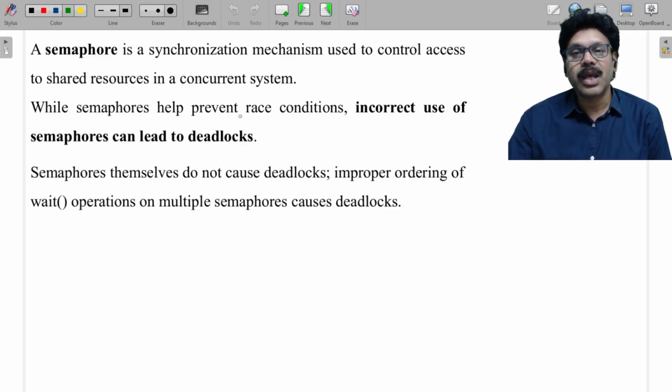While semaphores help prevent race conditions, incorrect use of semaphores can lead to deadlocks. The one important point is that semaphores do not cause deadlocks themselves. Improper ordering of wait operations and signal operations in the semaphores causes deadlocks.